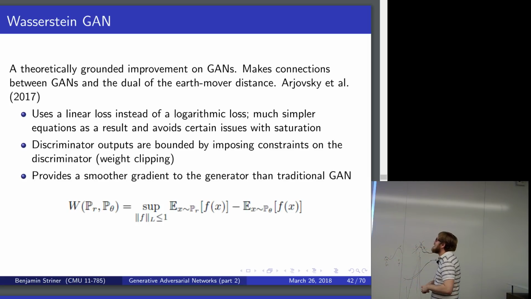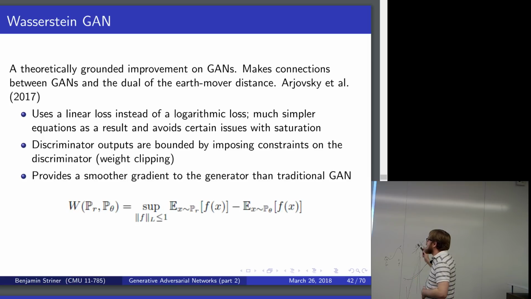Wasserstein GAN is where we started realizing we need to put some constraints on the complexity of what the discriminator is learning, and that means we can train out our discriminator and not worry about overtraining it. Because as long as we have some upper bound on how complicated it's going to get, then it's just train it for long enough, and you're fine.